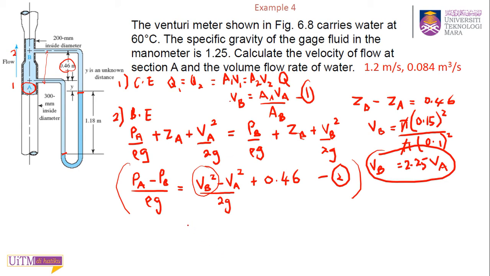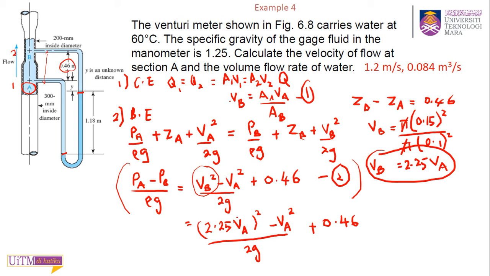Okay, this will leave macam ni lah. So VB squared will be 2.25 VA squared. Okay, so minus VA squared over 2G, okay, tambah 0.46.